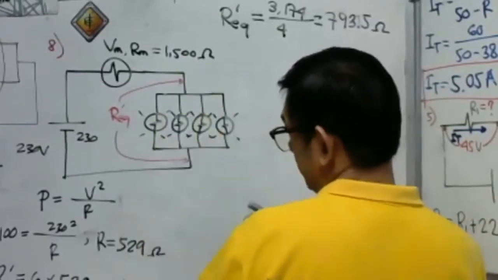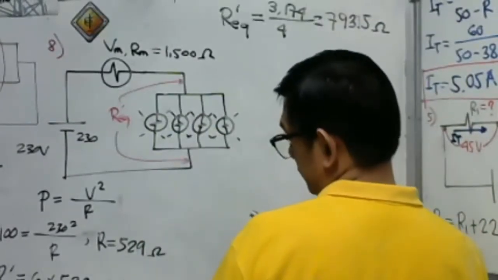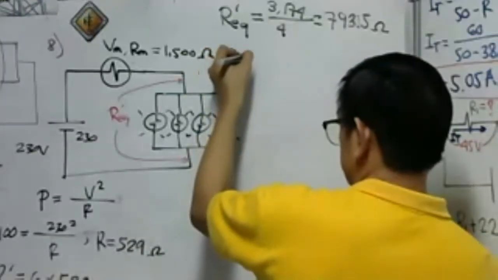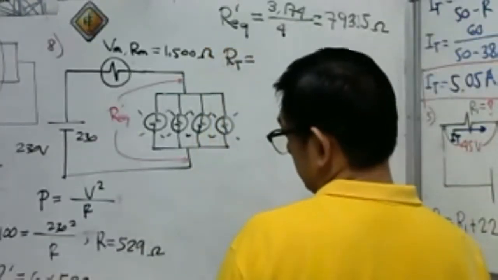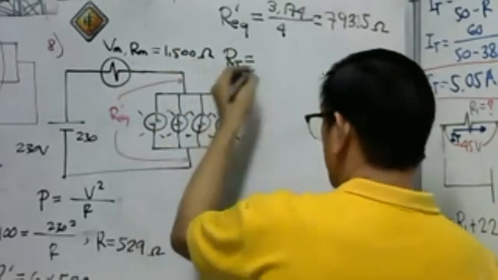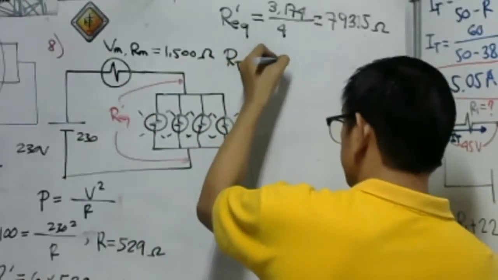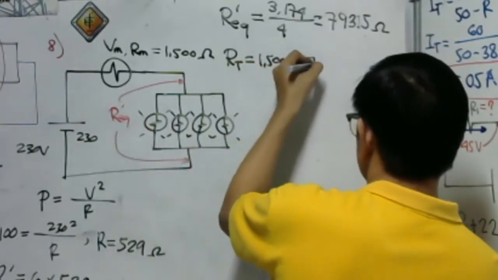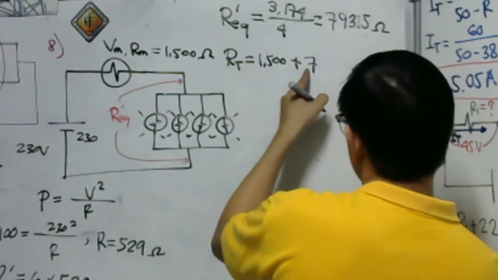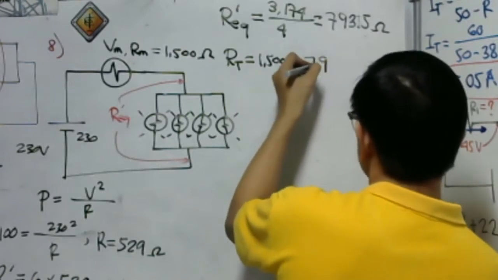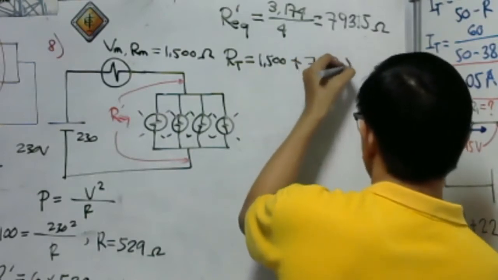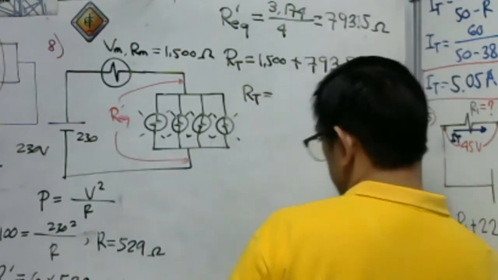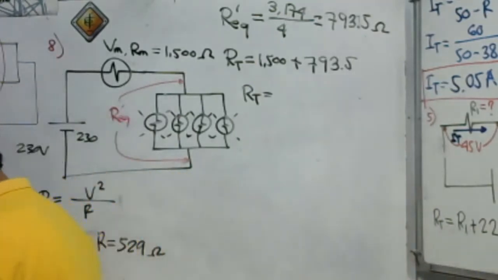Let us get the total resistance. What is the total resistance? That will be the 1.5 of the voltmeter plus the equivalent, which is 793.5.